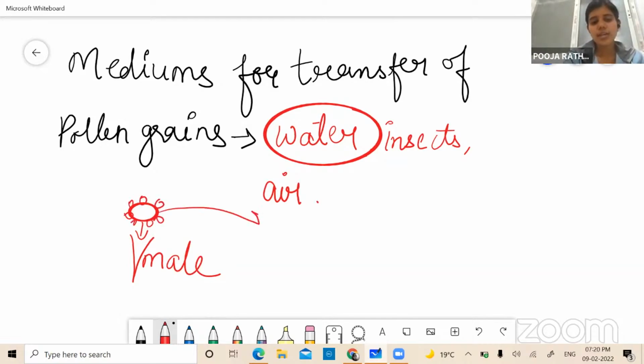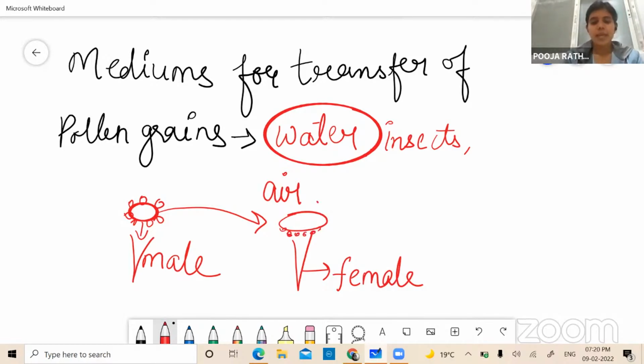And when this insect sits on another plant which is female, it distributes all the pollen grains on the female part. In this way, the transfer of pollen grains takes place.